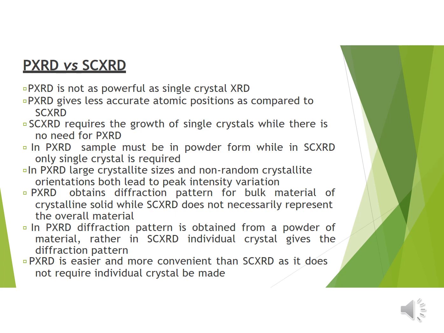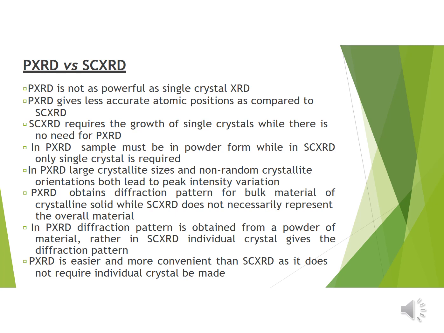In powder X-ray diffraction, the sample must be in powder form, while in single crystal X-ray diffraction, only a single crystal is required. In powder X-ray diffraction, large crystallite sizes and random and non-random crystallite orientations both lead to peak intensity variations, that is, due to the presence of large crystallite size and non-random crystallite orientations we will get peak intensity variations.